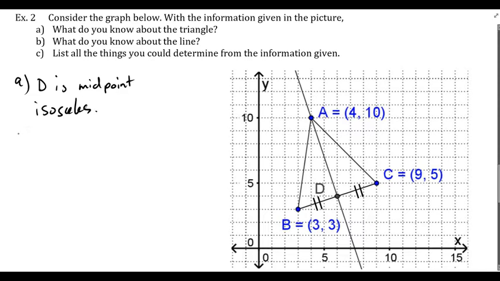Okay, very good. B, what do you know about the line? Phil? Very good. So it is the altitude, right bisector, and the median.